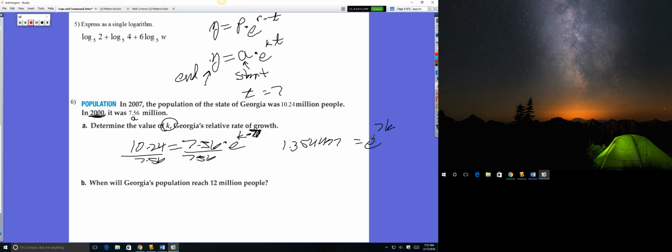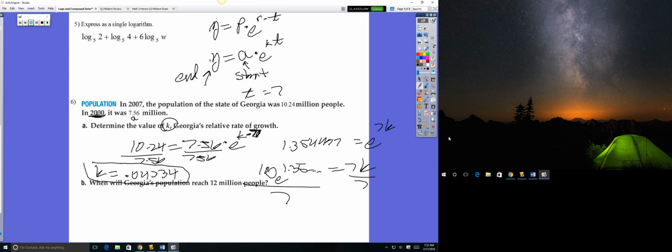Now I can't ditch the 7 first, I gotta ditch the base. And the only way you can undo a base is a log. So I'm going to do log in base e of this 1.35 blah blah blah is equal to 7K. And now I can ditch the 7. Divide this by 7, do this on your calculator, and that will give you K. K is 0.04334.